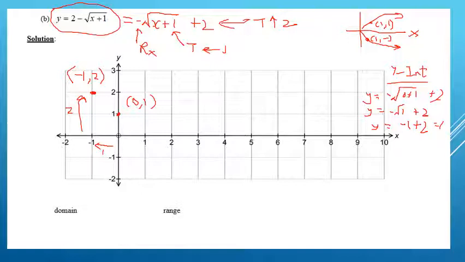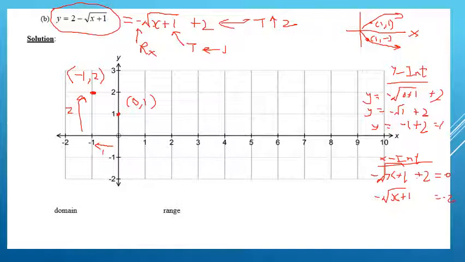It's going to cross the x-axis because it keeps going down. So how do I find the x-intercept? I try and solve the equation where y equals 0. So the x-intercept is going to be, when I have this equation here, negative square root of x plus 1 plus 2 equals 0. So the first thing I do is take the 2 over the other side, so I've got negative square root of x plus 1 equals -2.